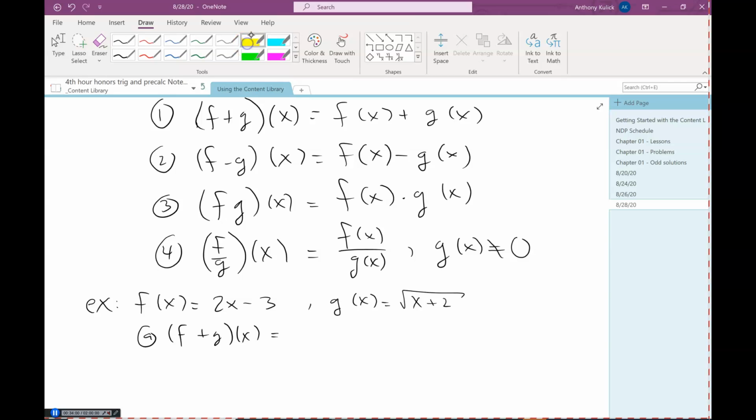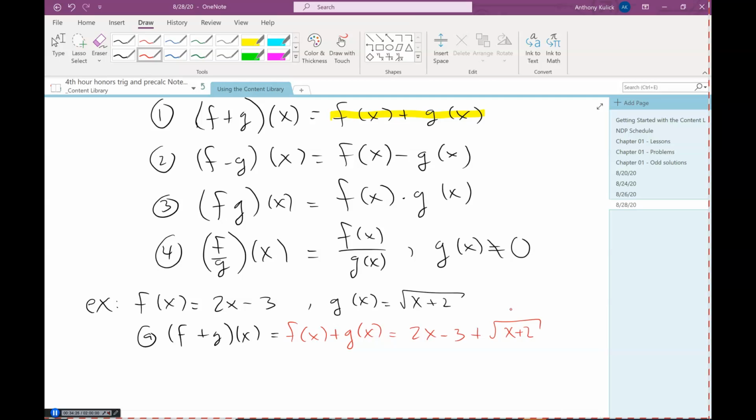Well, from my rule above, I know that's the same thing as f of x plus g of x, right? And I know that f of x is just 2x minus 3, and g of x is just the square root of x plus 2. So I'll make those substitutions.